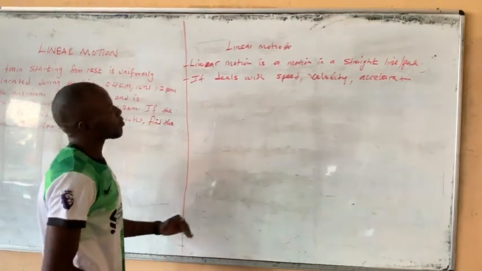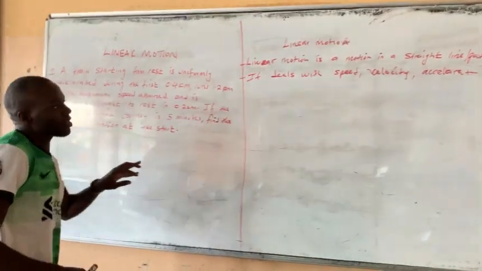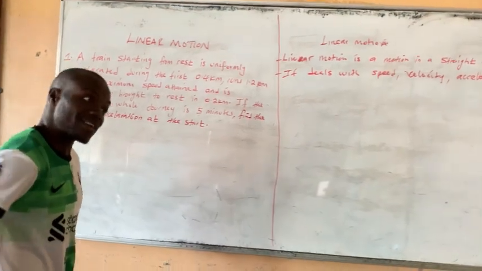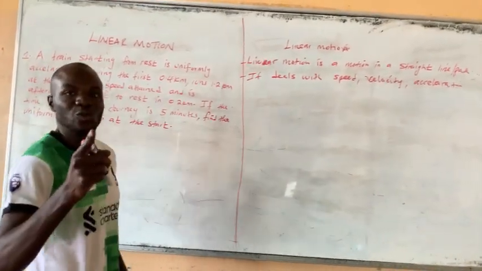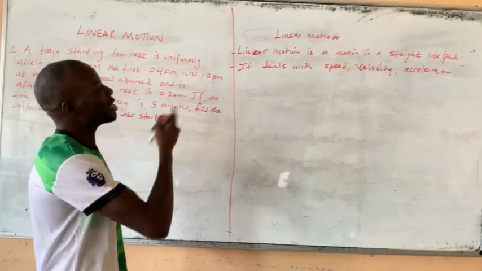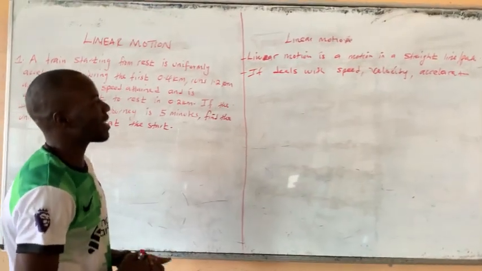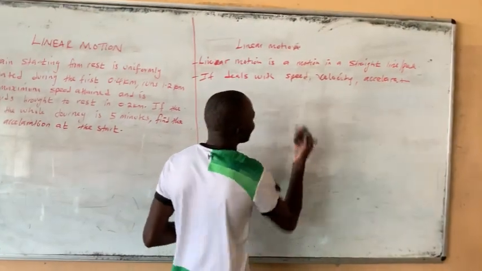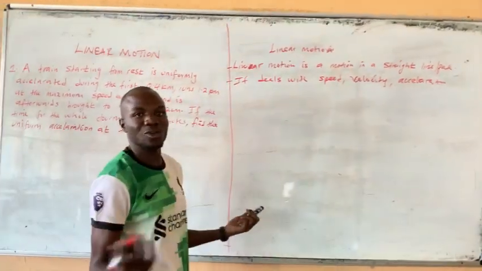To answer such questions, you need what we call the equations of linear motion. In a derivative question, they may ask you to derive those equations. First of all, let's start with speed, which is simple to most of us.